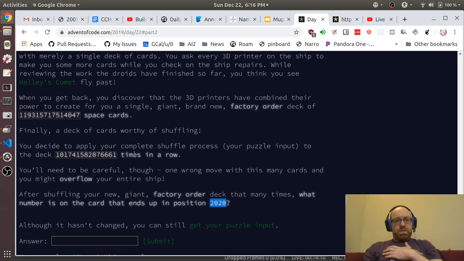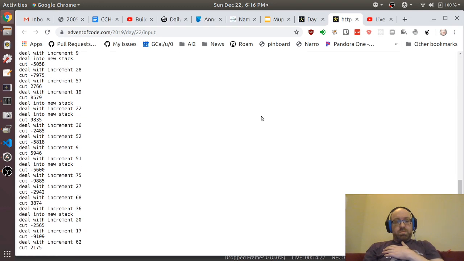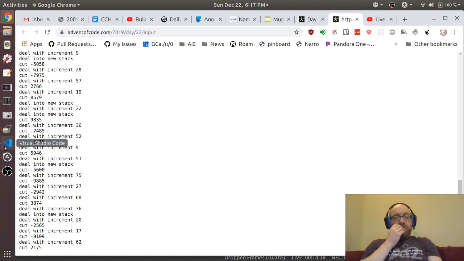And complete shuffle process this many times in a row. Okay, and this many cards. So like that's too many to do things with. So we need to think about it. Let's go backwards because I think going backwards will be more exciting.